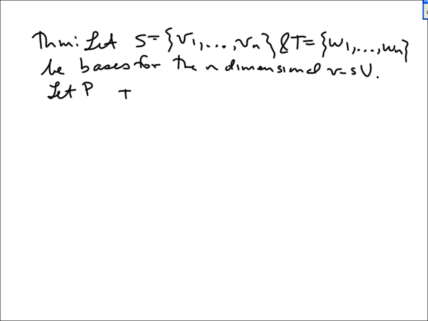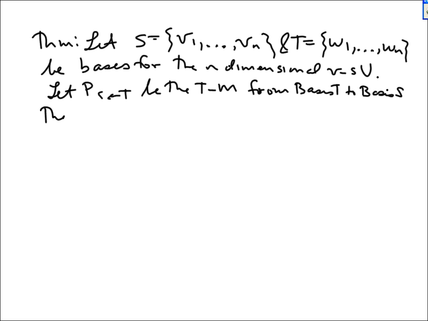Let P from basis T to basis S be the transition matrix, as I just said, from basis T to basis S. Then this transition matrix is non-singular.